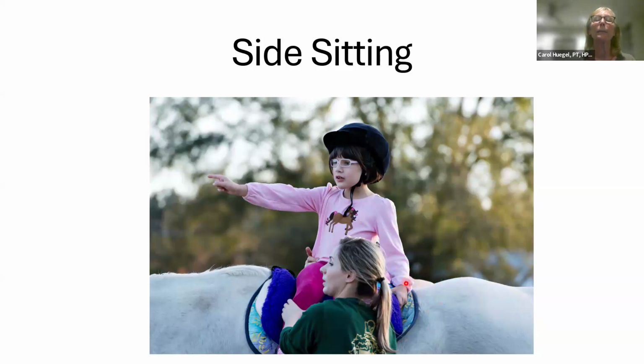The other thing you really want to think about, and I have this under considerations, but we may as well talk about it while we're looking at the picture, is how are you going to put your hands on the patient? How are you going to support your patient to make them feel nice and secure and to give them the best benefit? So you can see, this is actually my hand right here, hands on the pelvis.